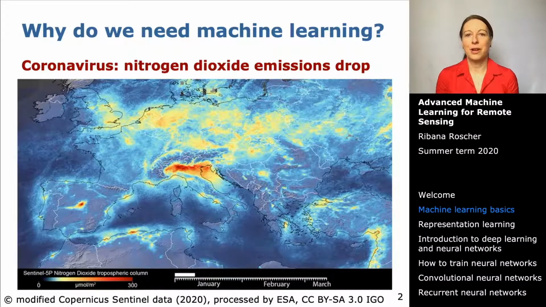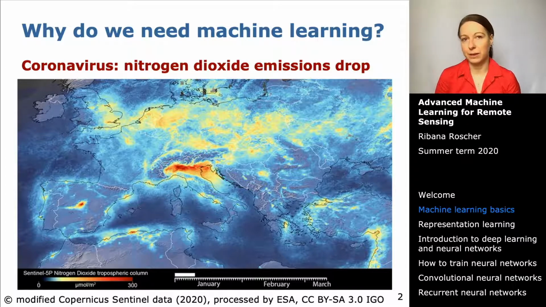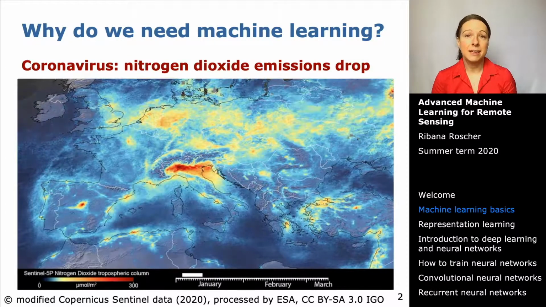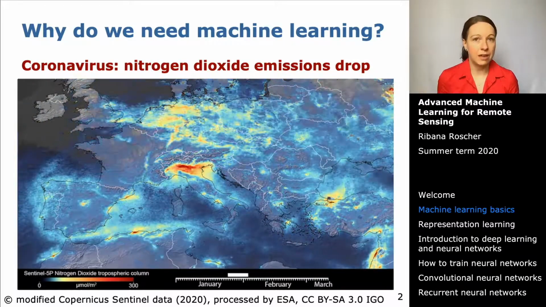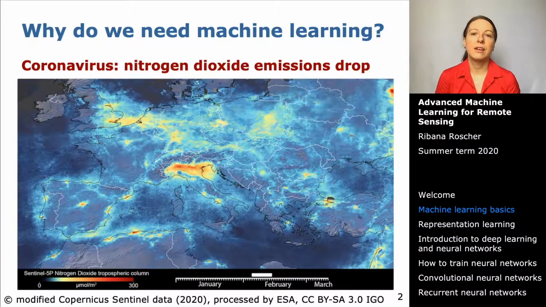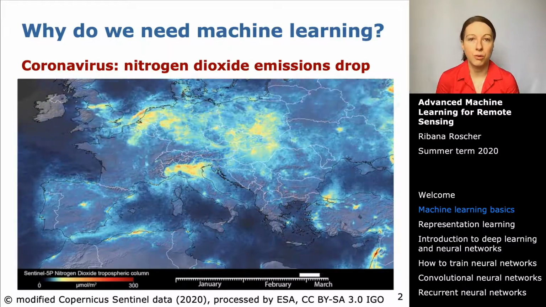So first of all, I want to give you a motivation why we actually need to care about machine learning. For this, I will show you two examples where machine learning is used to derive relevant information for us. A very recent application is the quantification of nitrogen dioxide, which is an air pollutant, and the change is a result of the curfews to control the coronavirus.